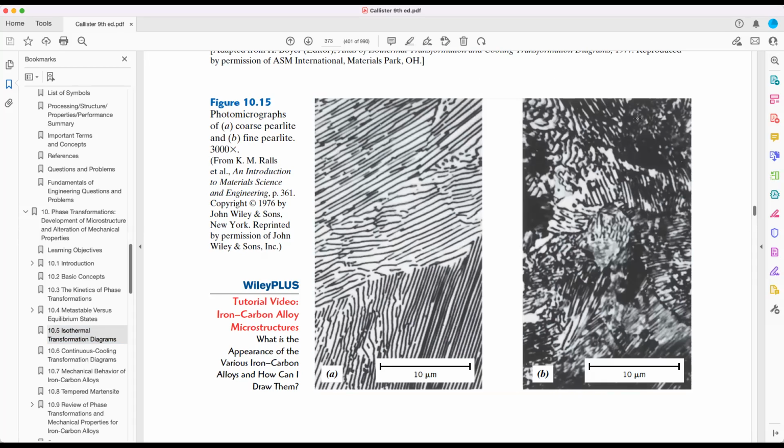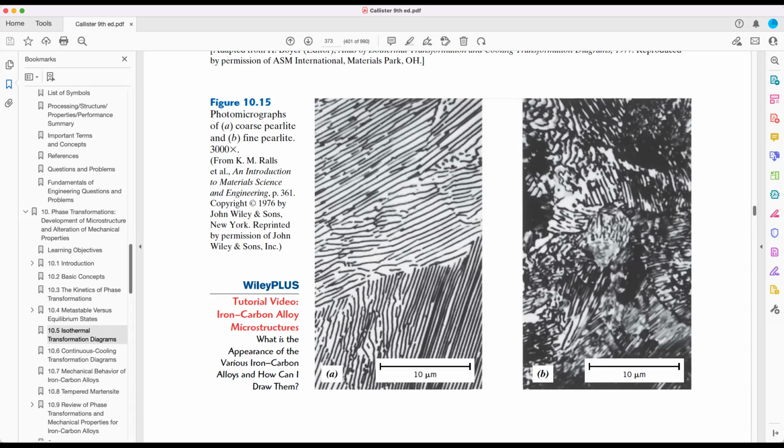The second one is the fine perlite. If you look at here, all of them are almost black. All the black is caused by the fine perlite, which is all the fine layers of cementite. So if you have fine cementite, then your interface area becomes higher.